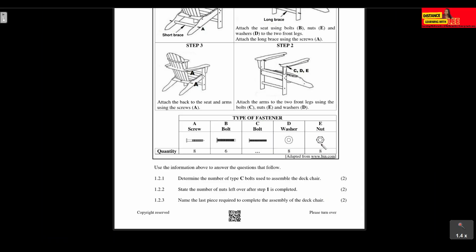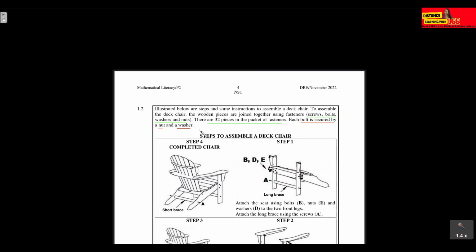How can we use this information to calculate how many type C bolts were used to assemble the chair? We add 8 plus 6 plus X, where X is the unknown, plus 8 plus 8, which should give you 32 pieces in total.